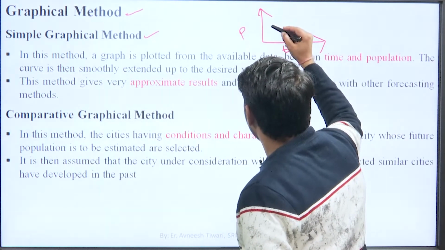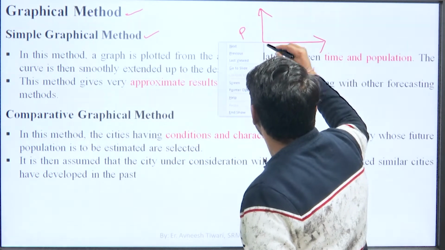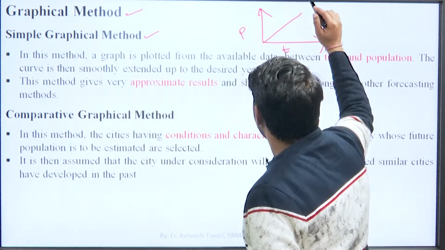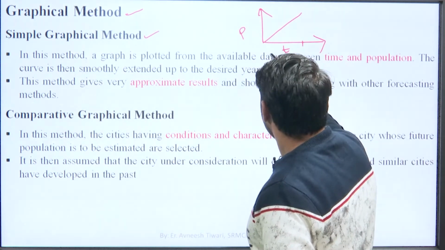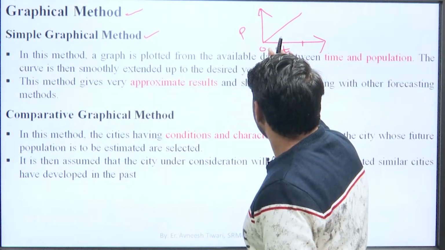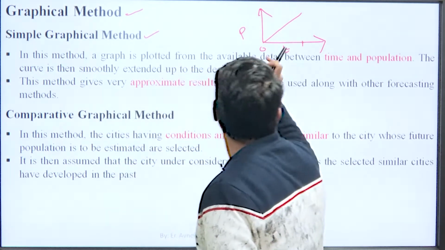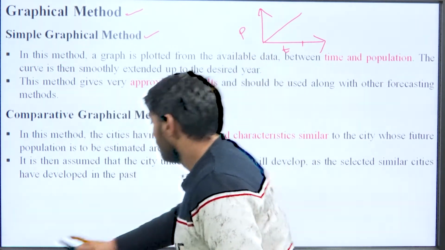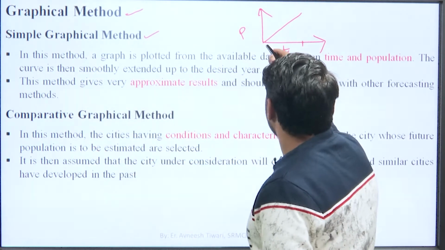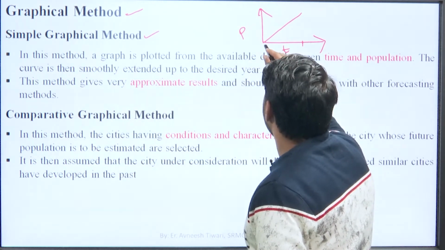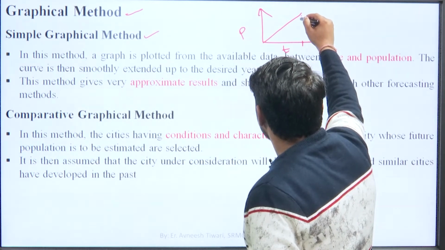Let's say we have data, and using that data we have plotted a curve, and this is the time from the beginning from which the data is available to the point at which the last data is known.